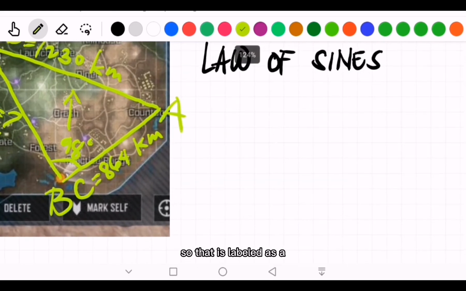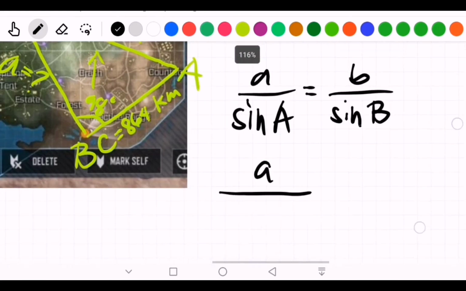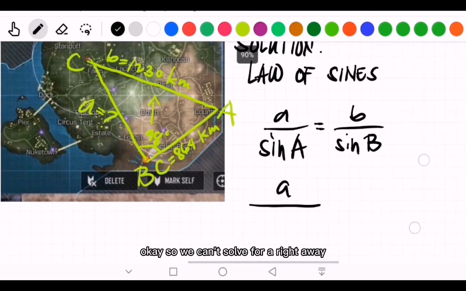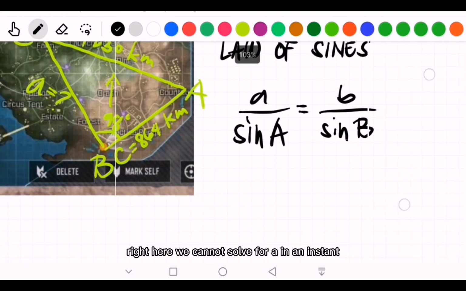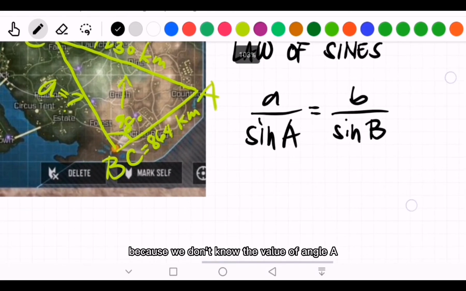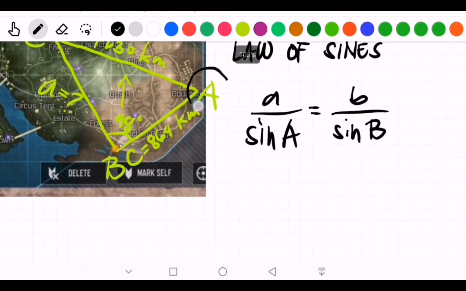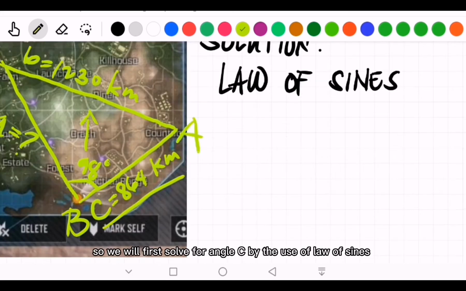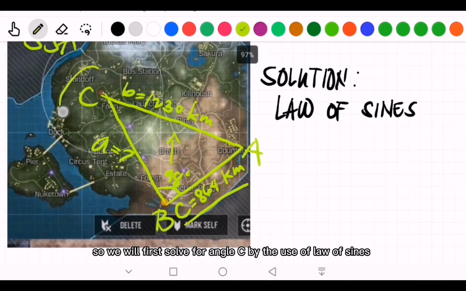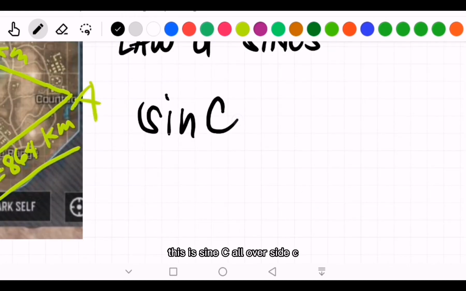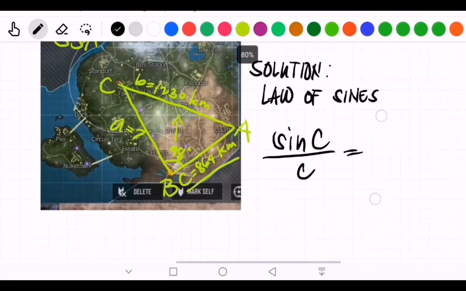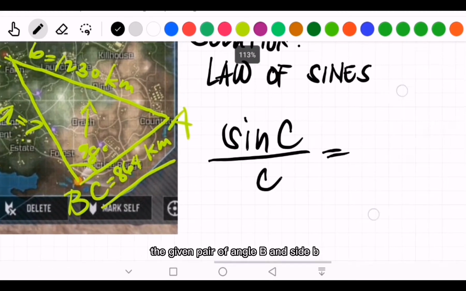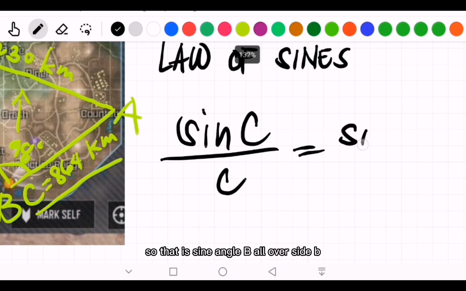So that is labeled as A. Okay, so we can't solve for A right away, because we don't know the value of angle A. So with that, since we are given side C, we will first solve for angle C by the law of sines. This is sine C all over side C, the given pair of angle B and side B, so that is sine angle B all over side B.